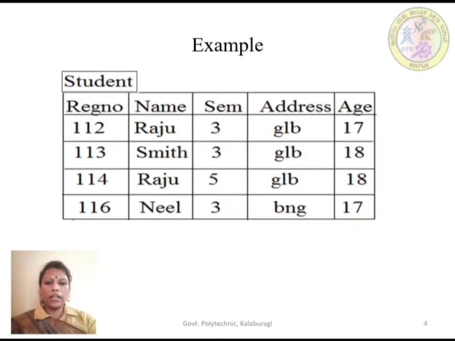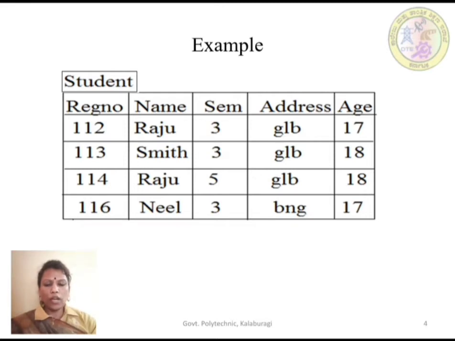Let's see another example. See here I have taken student records. Student is an entity, and here the student entity is having 4 records. Then what is the entity type here? That means here we are having 4 records, 112, 113, 114 and 116.